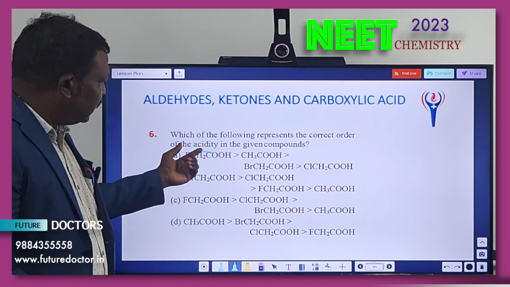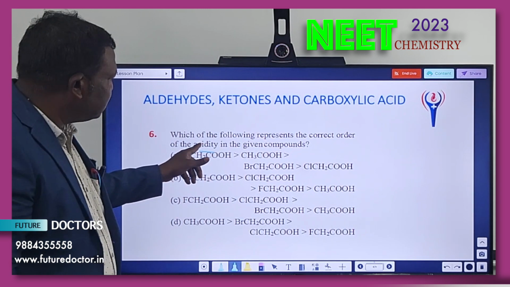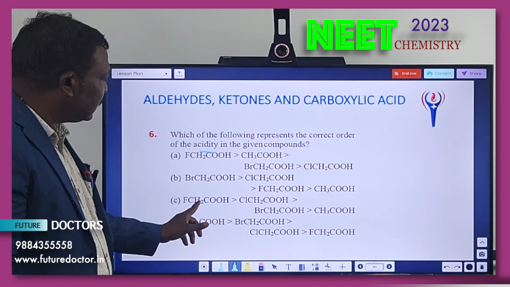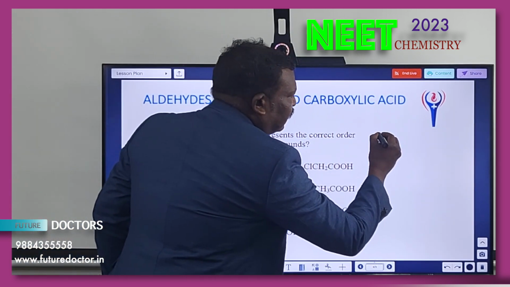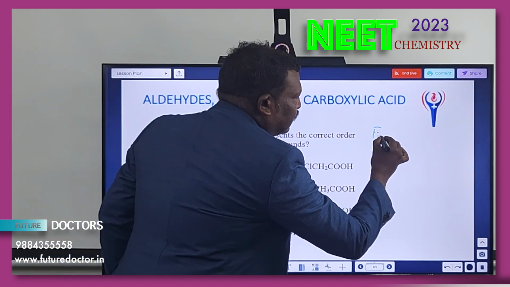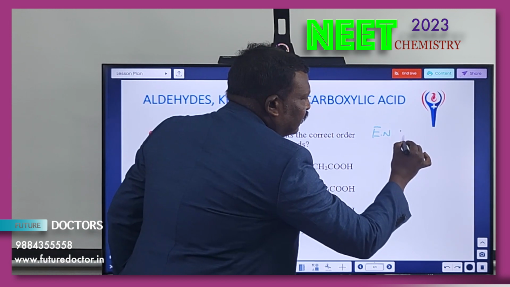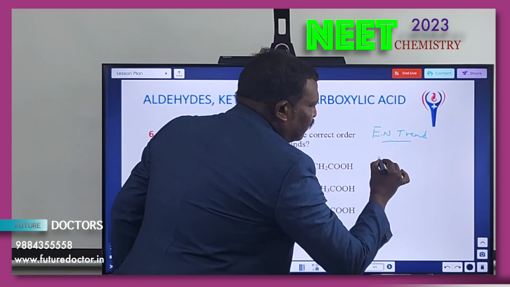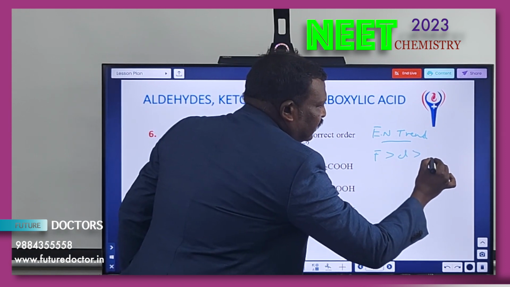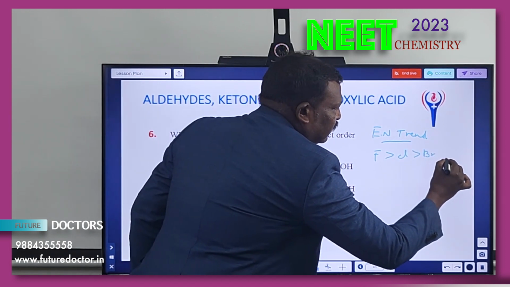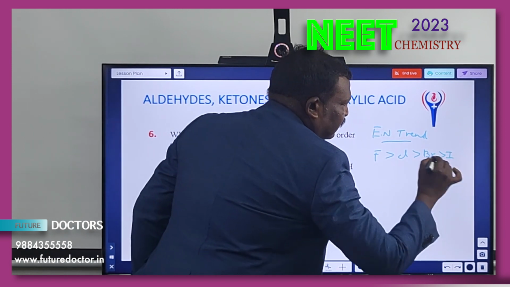So when it is going to produce H plus ions very easily, more electronegative elements should be present. Among these, the electronegativity trend: who is more electronegative? Fluorine, next chlorine, next bromine, next iodine. This is the electronegativity trend.